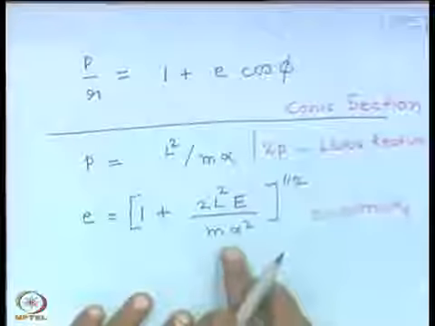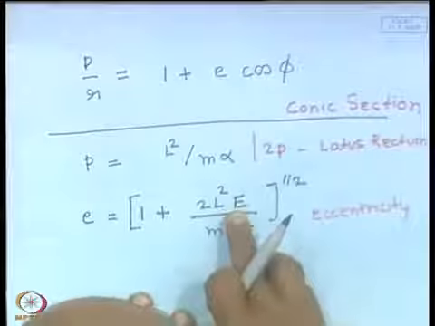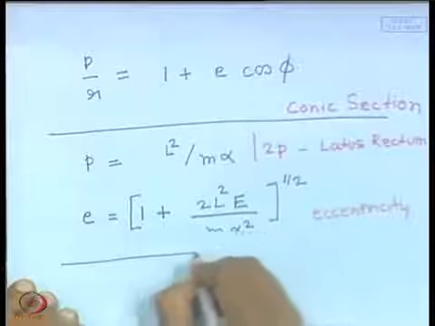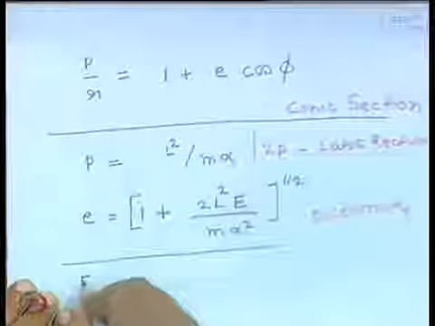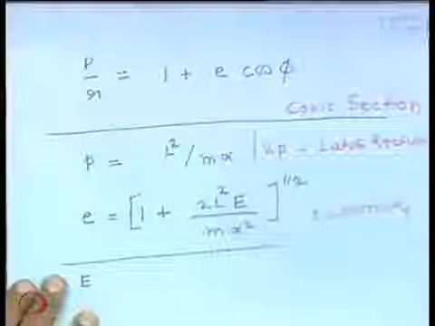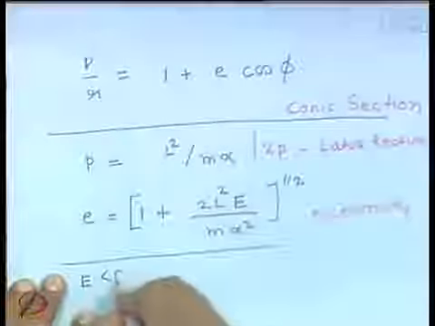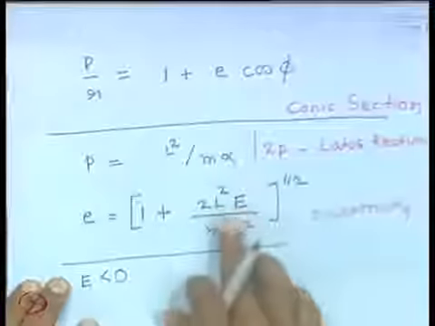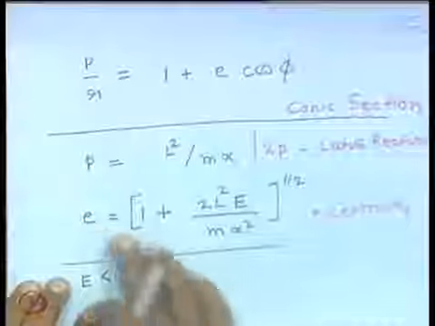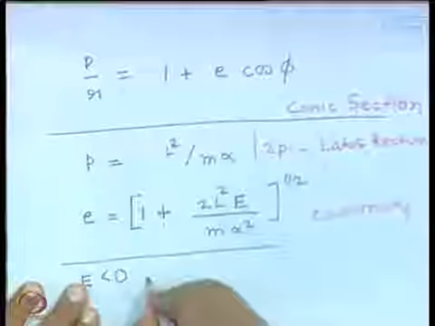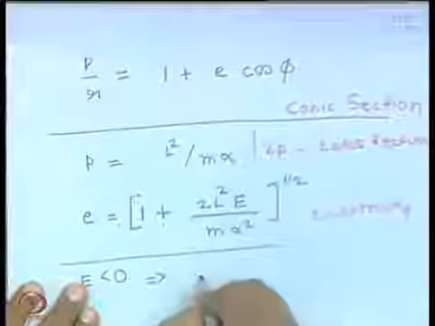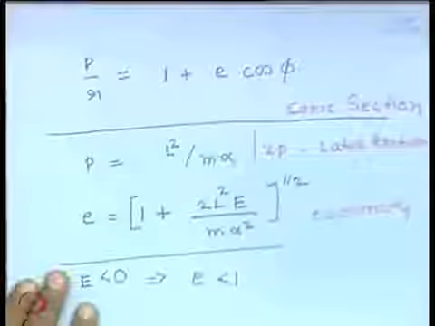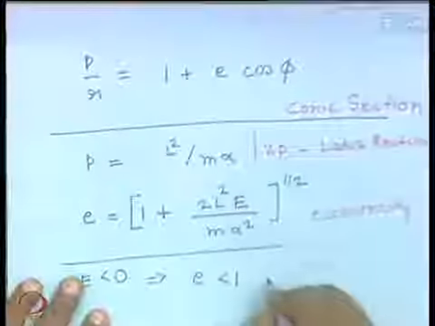If the energy is less than 0, then the eccentricity is going to be less than 1, which is an ellipse.